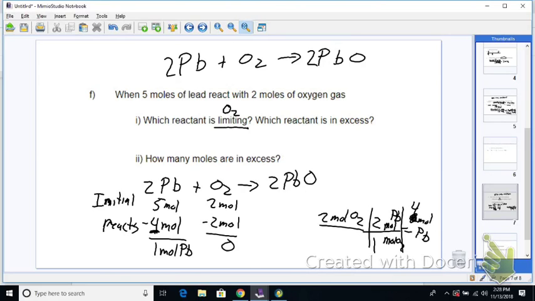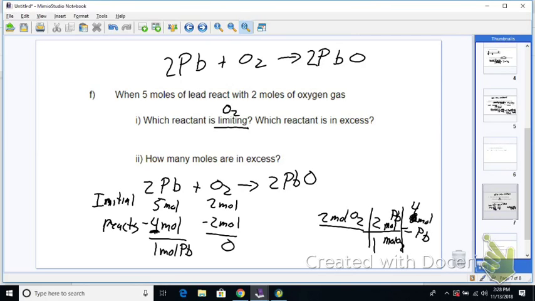Because if I come out with a minus, that means I didn't have enough. It's kind of like paying for something with a check. I pay $50, and the balance in my checking account is $20. I have just subtracted out more than I have, and that's not going to work.